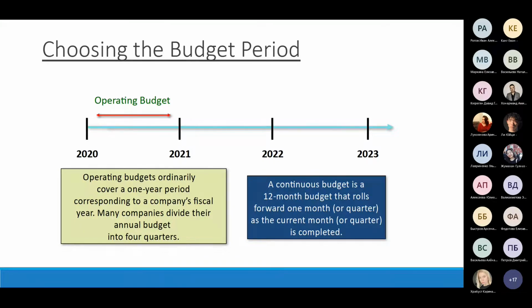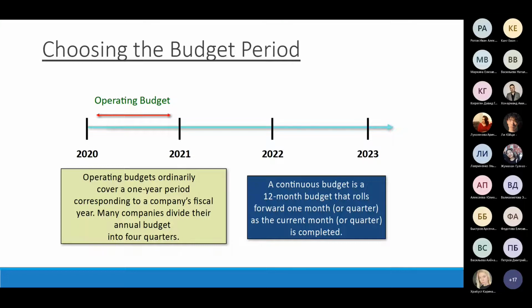Many companies divide their annual budgets into 4 quarters, and some companies that are quite big divide their quarterly budgets between the months that are included in the quarter. But all these budgets are related to each other, and they are operating budgets because their goals are fixed for the period of 1 year.